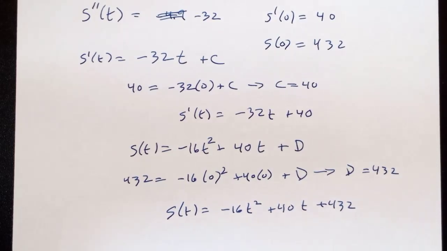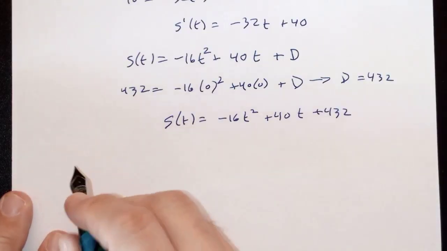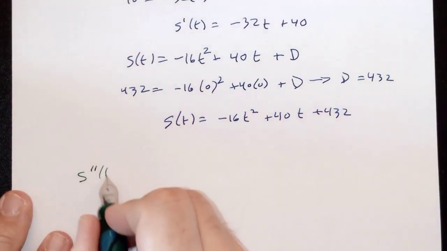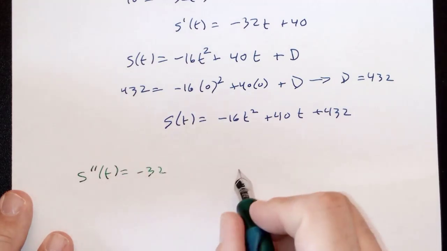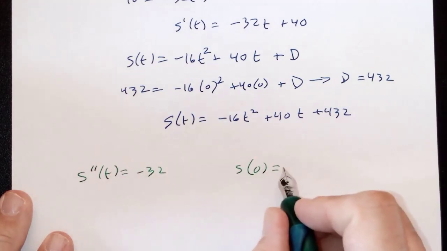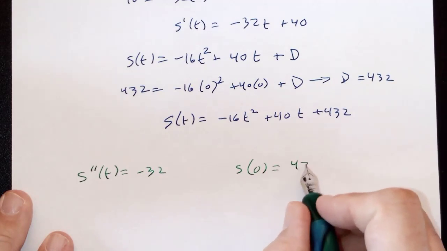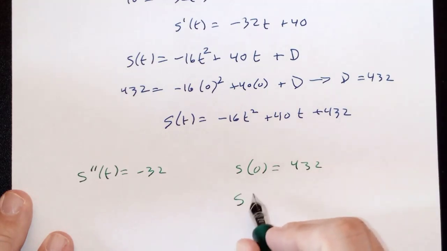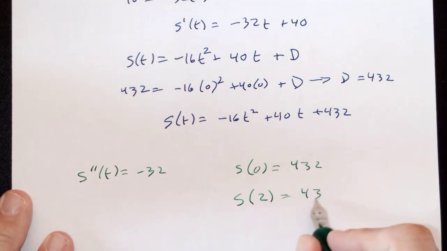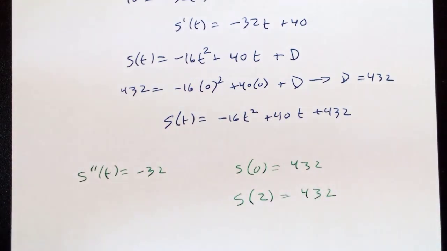Okay, this is an initial value problem because both of those were given at the same t value, with 0. But I could ask in this same scenario, I could ask this.